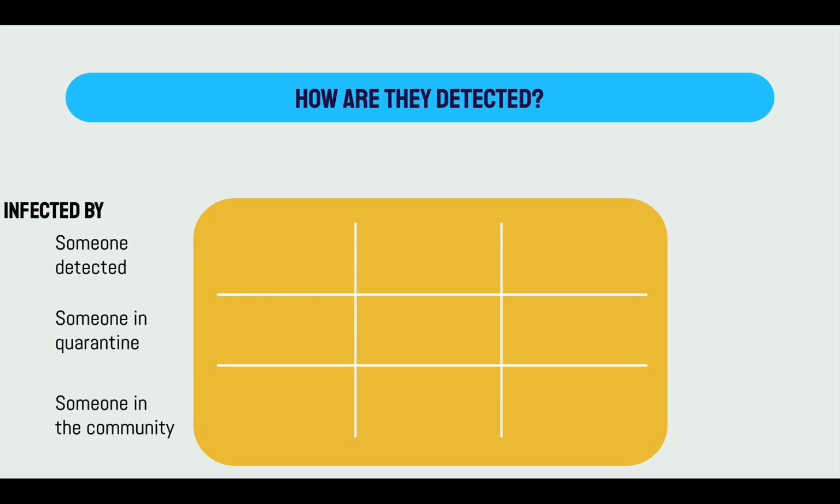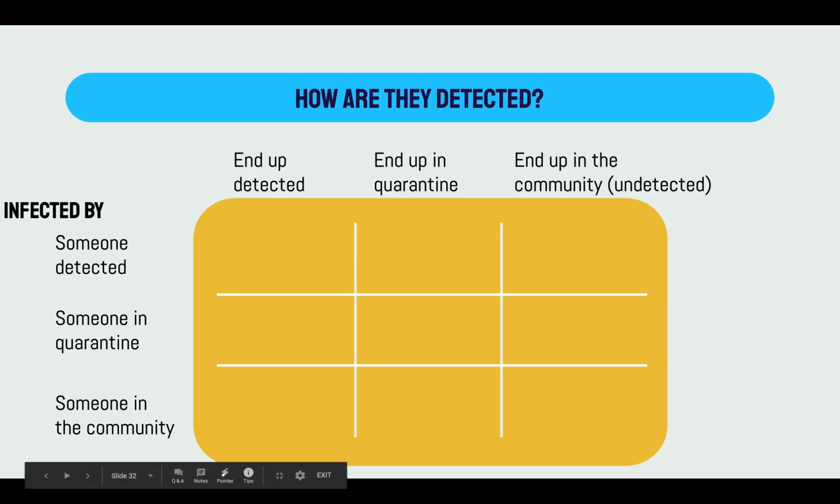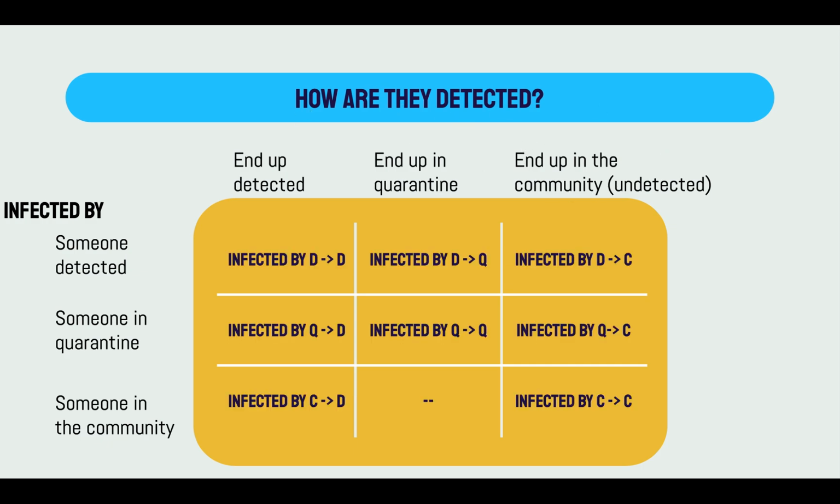And so for the detect matrix, we've got here in the rows, these are indexed by someone who's detected, someone in quarantine, and someone in the community. So who are they infected by? And then the columns dictate where that person ends up. So they ended up detected, they ended up in quarantine, or they ended up in the community, so they ended up undetected.